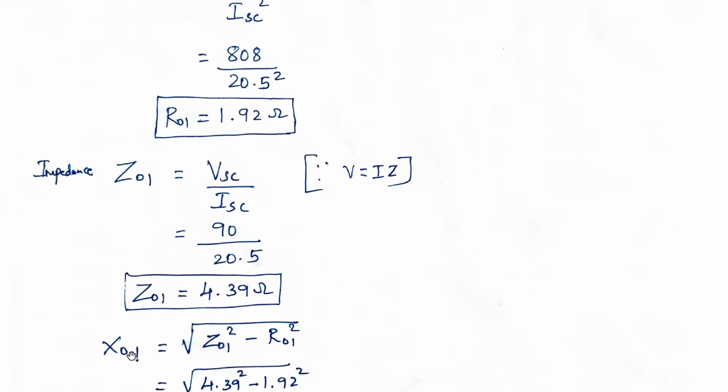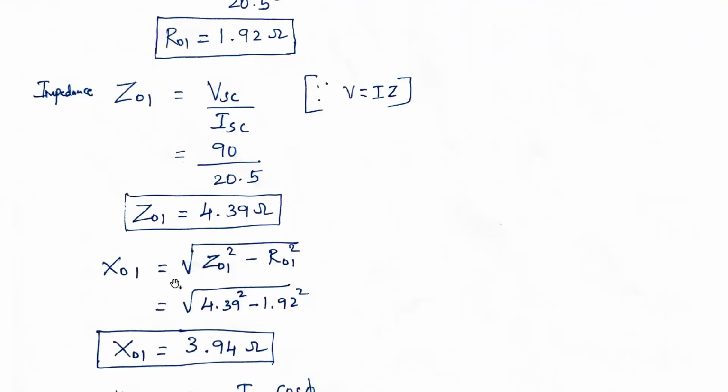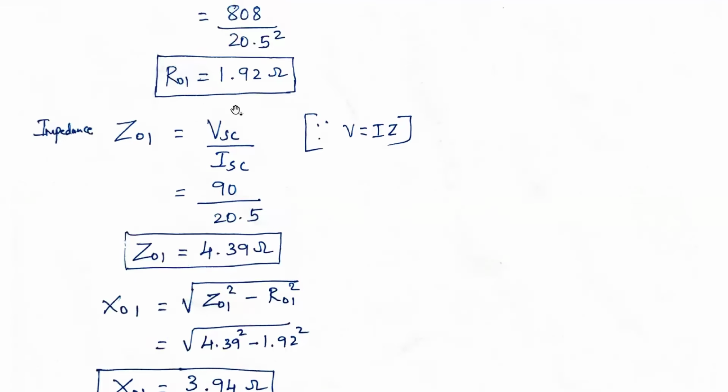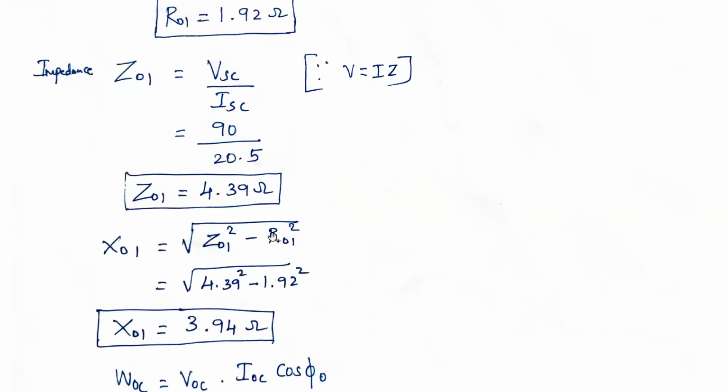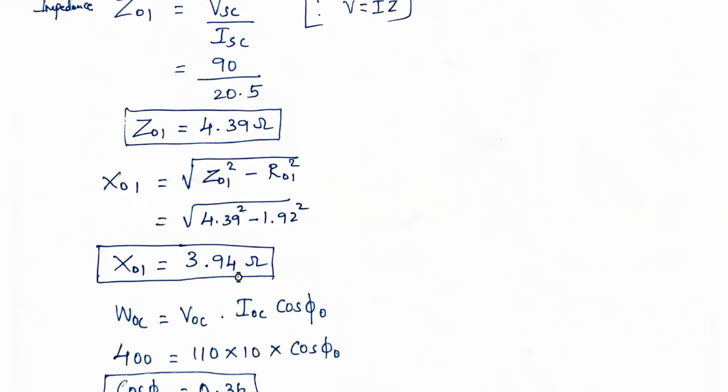Now the reactance X01 is equal to the square root of Z01 squared minus R01 squared. Z01 we calculated as 4.39, R01 as 1.92. If you simplify this with your scientific calculator, we got X01 as 3.94.